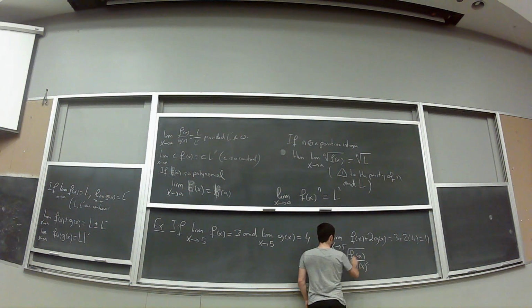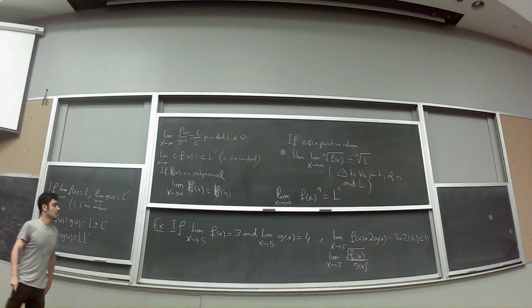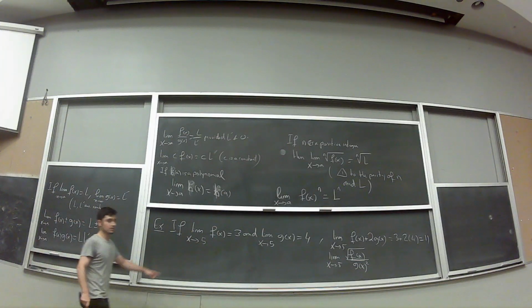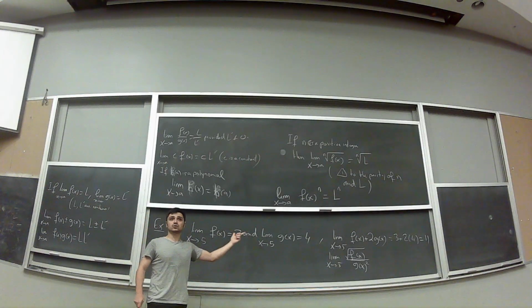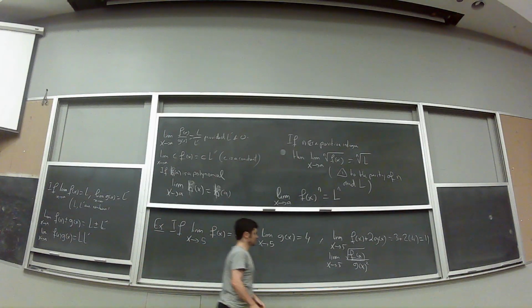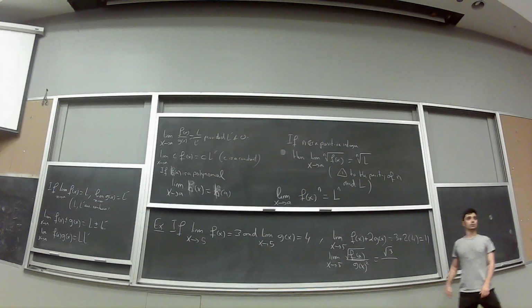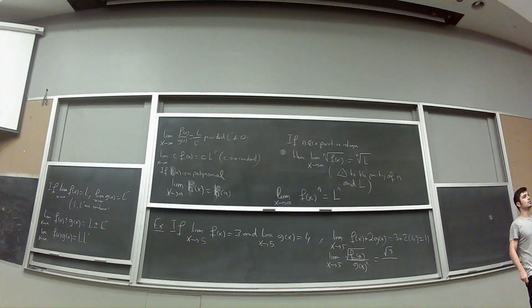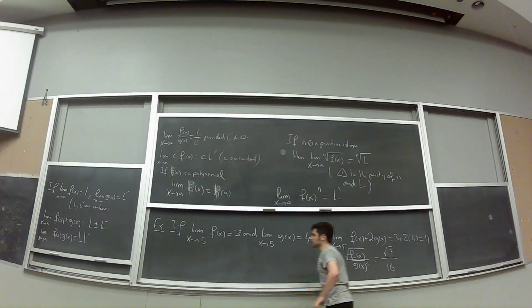Root f of x over g of x squared. What is this limit? F of x goes to 3, right? So root f of x goes to root 3, right? G of x goes to 4, so g of x squared goes to 16. Is that clear?